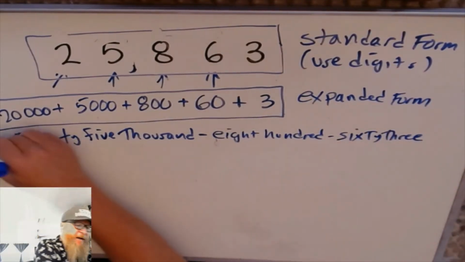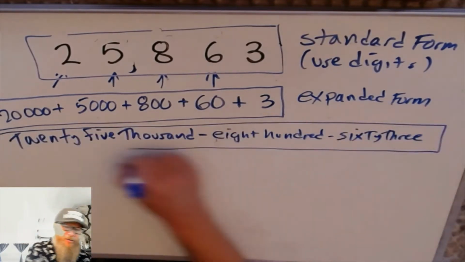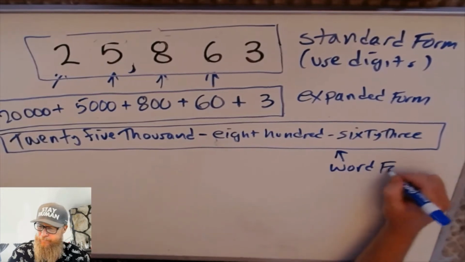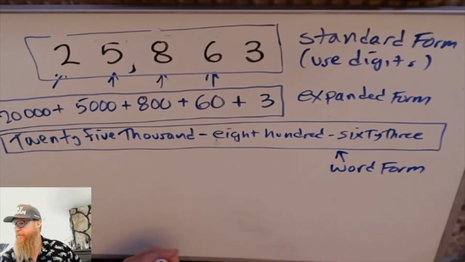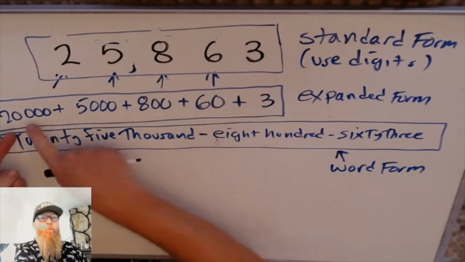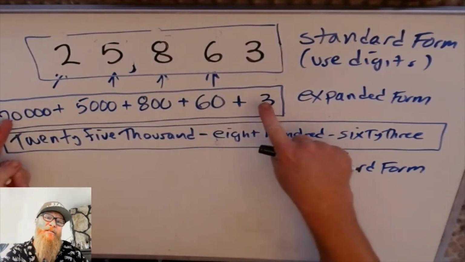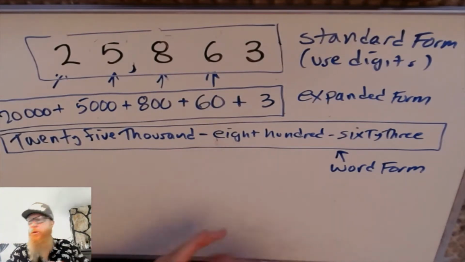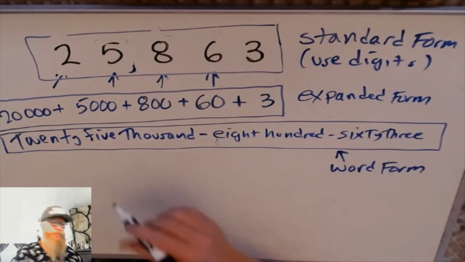And then finally, when I write it out in words, we just call that word form. So you have the way the number looks, what the number actually means, like mentally, how much quantity is actually there, and then you have the word form of the number.